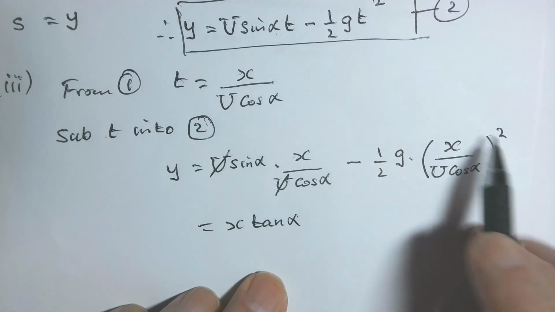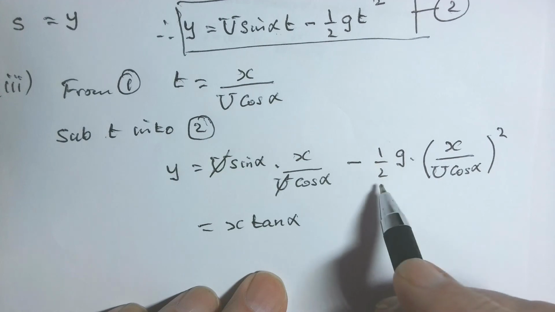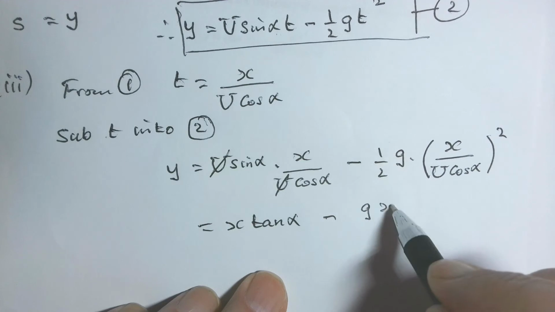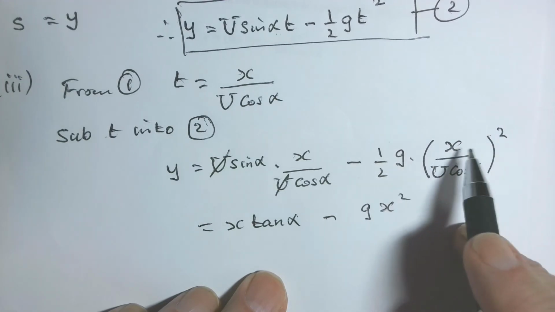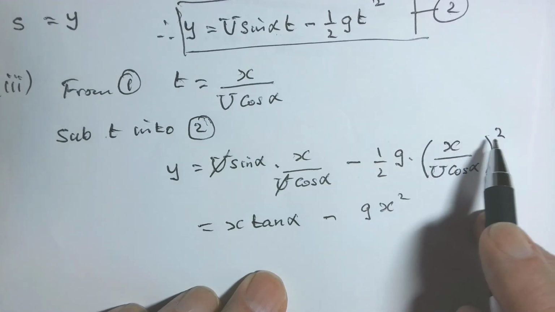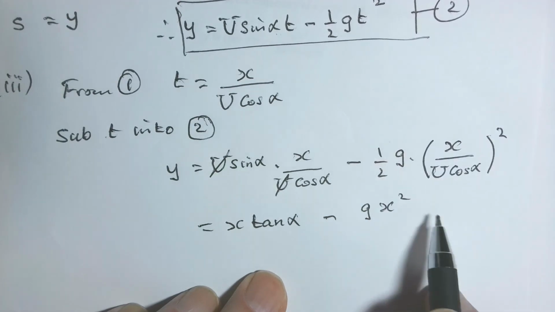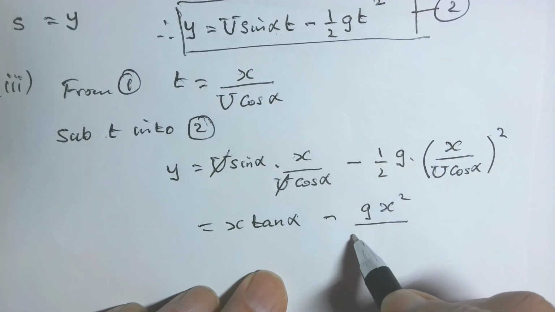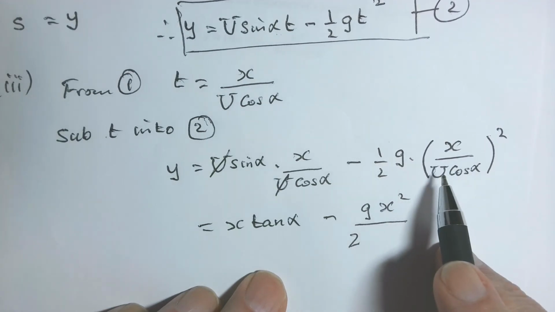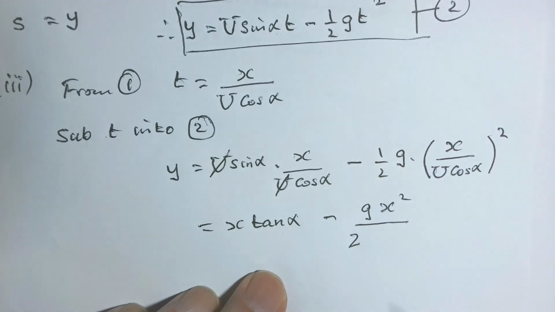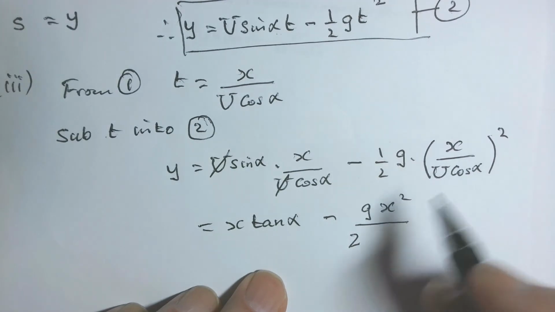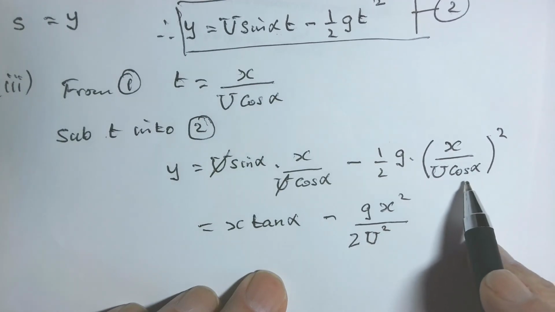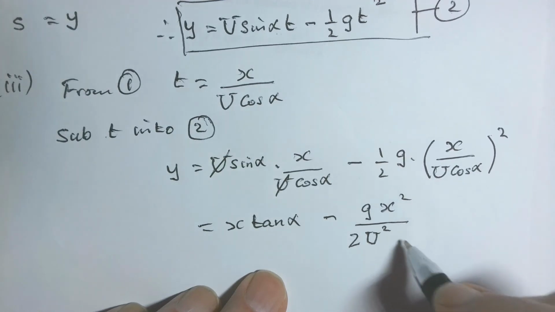And we're going to have a minus g x squared, because this squared becomes an x squared on the top line, so there's a g and an x squared, and on the bottom we've got this 2, and u cos alpha squared, so u times u is u squared, and cos alpha times cos alpha is cos squared alpha.